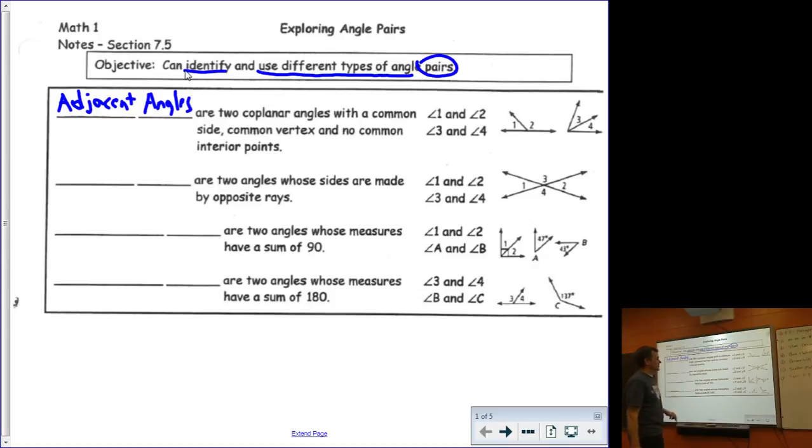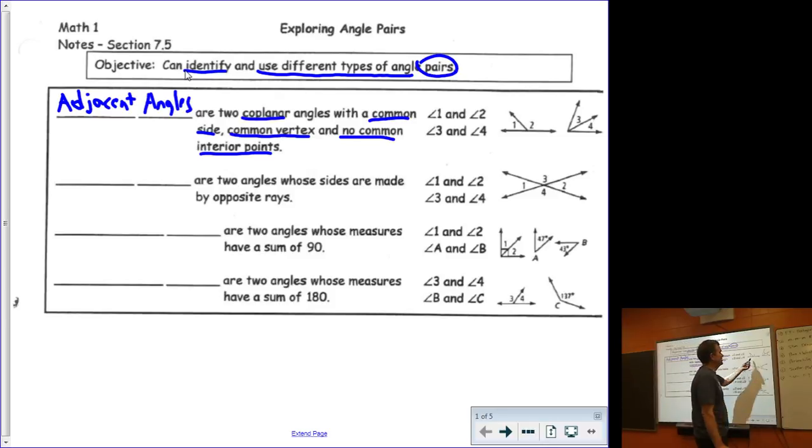Adjacent angles are coplanar. They have a common side and a common vertex. And they have no common interior points, which is to say they do not overlap at all. All right? Over here I have an example of adjacent angles.